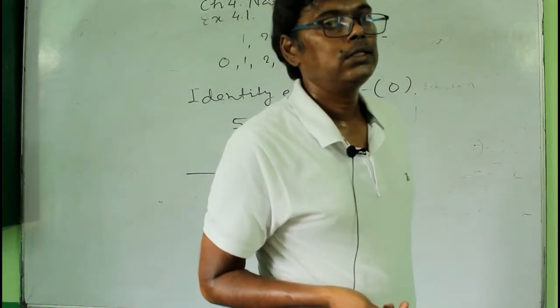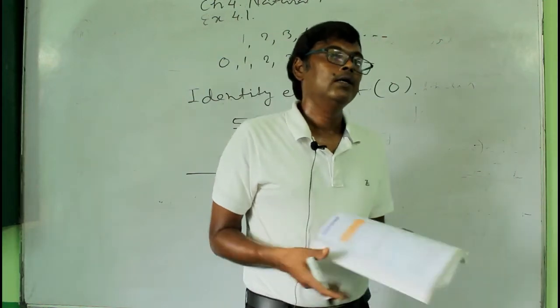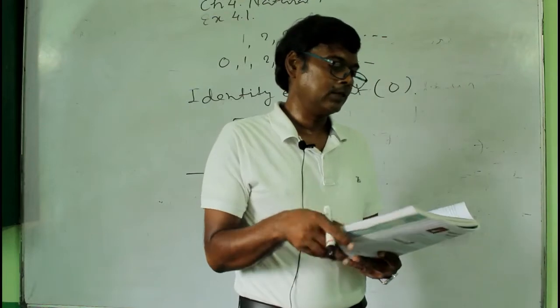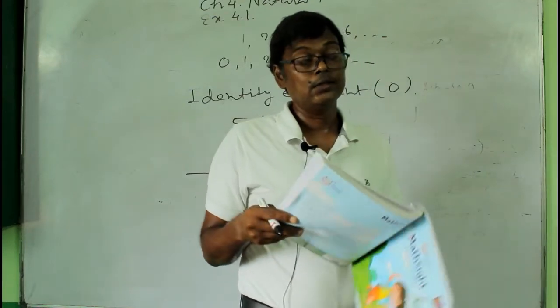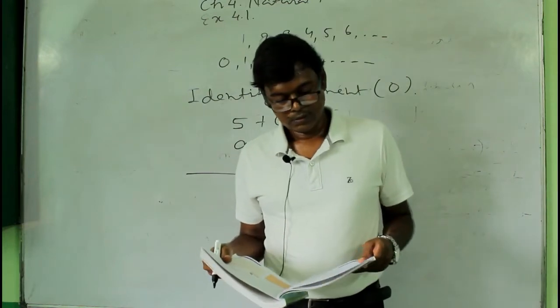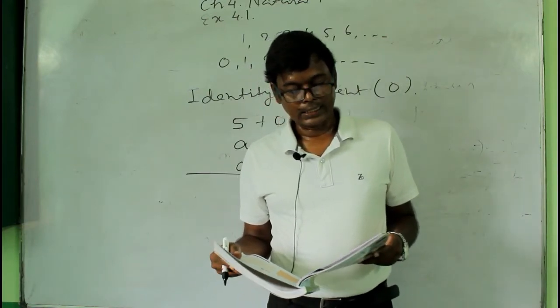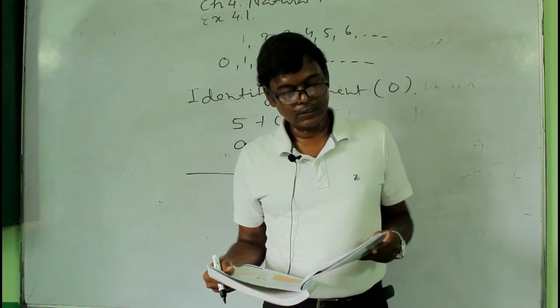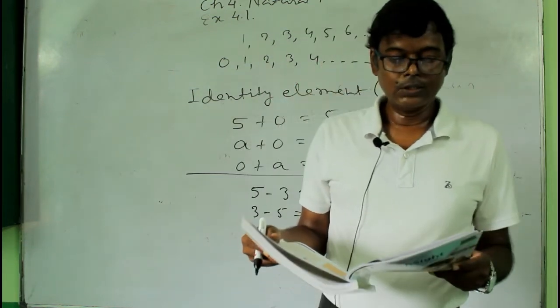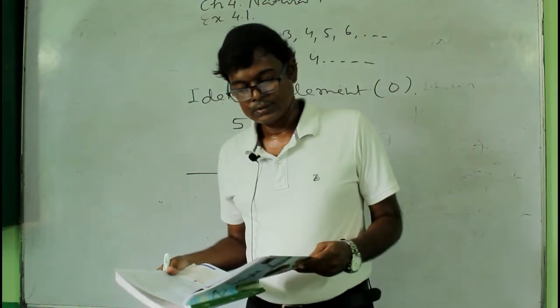Similarly, the associative property and the commutative property are also not valid. So in case of subtraction, these properties are not correct. Commutative property is not correct for the subtraction, and associative property also does not hold good.